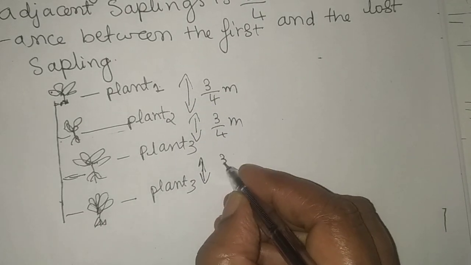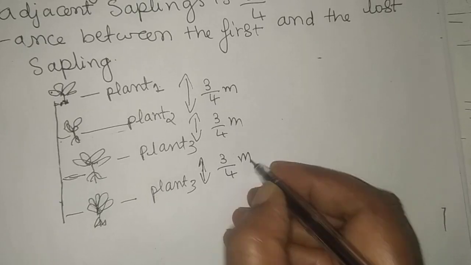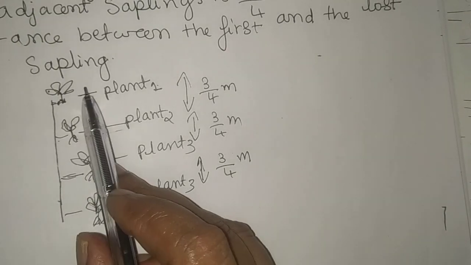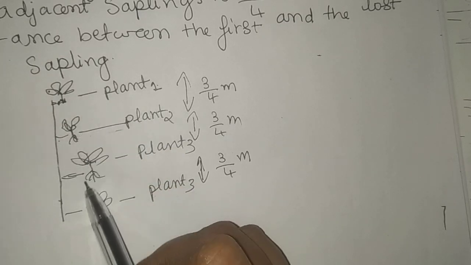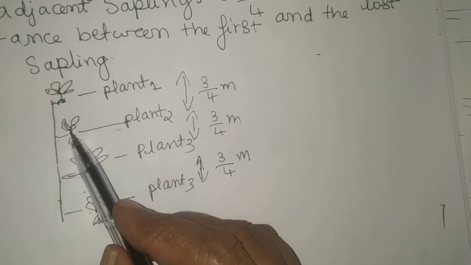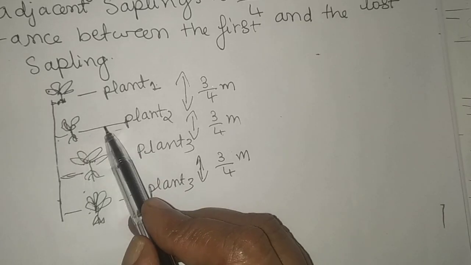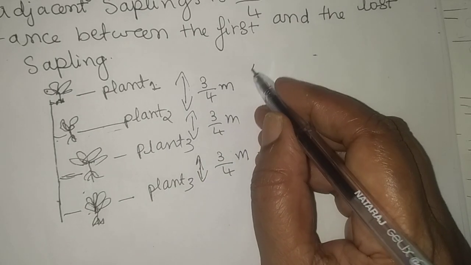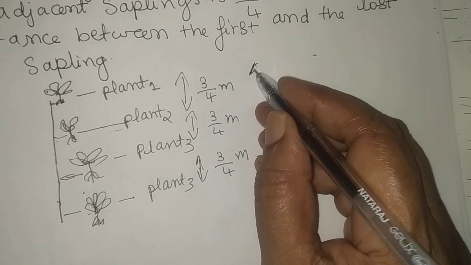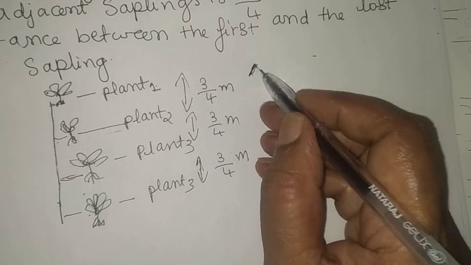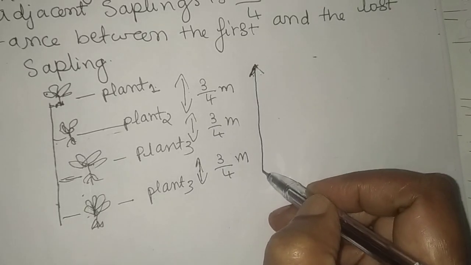Between adjacent is, so this is the given problem. Fathima plants, that is 4 saplings in a row, and adjacent, the distance between them is 3 by 4 meter. Now we have to find the distance between this first sapling and the last.